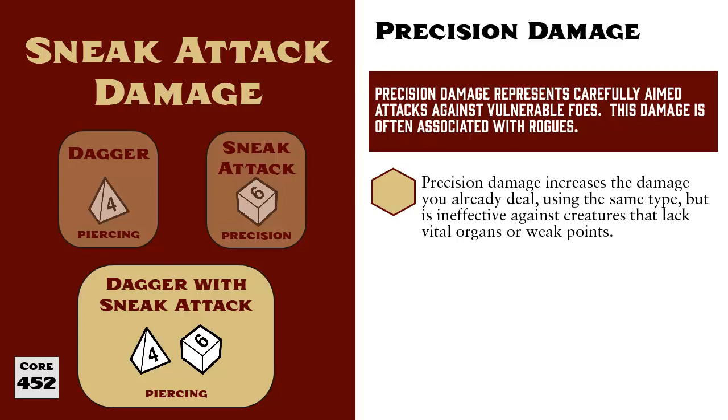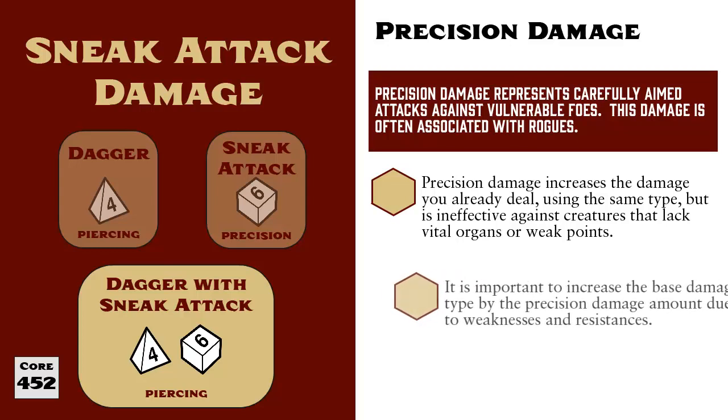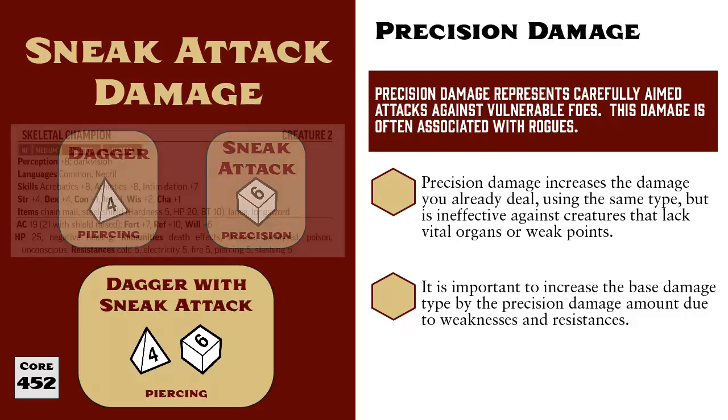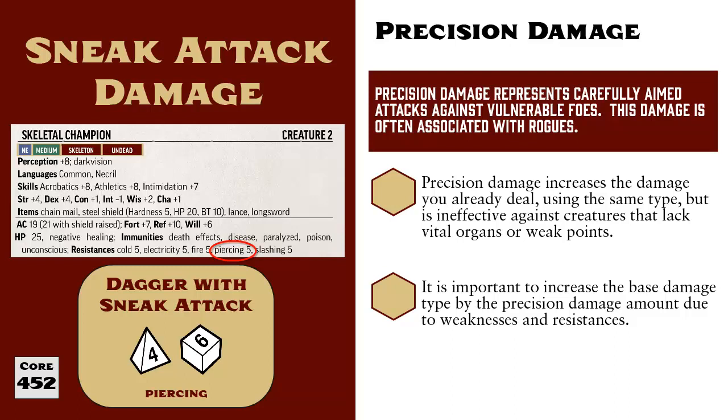The distinction of increasing the base damage instead of applying it as 2 separate pools of damage is important when dealing with resistances and weaknesses. For example, say this rogue used their sneak attack against a skeleton with resistance 5 versus piercing damage. If you treated the piercing and precision damage separately, and the rogue rolled a 2 for the dagger's piercing damage and a 6 for the sneak attack's precision damage, you might be tempted to say that the skeleton's resistance to piercing of 5 would nullify the dagger's damage, but the skeleton would still suffer the 6 precision damage from the sneak attack, and that's not correct.